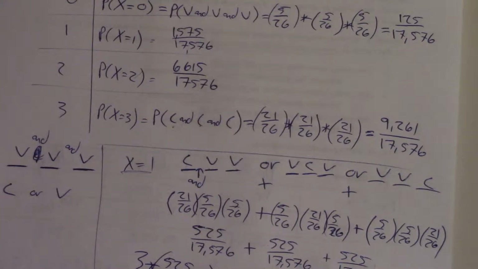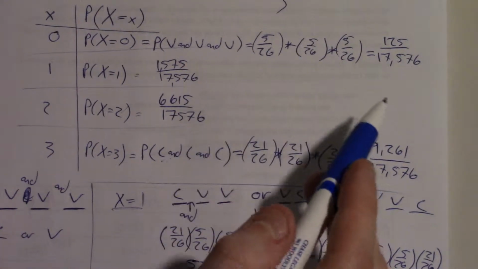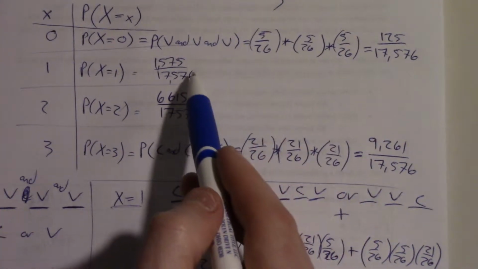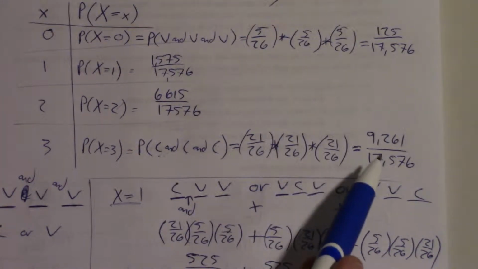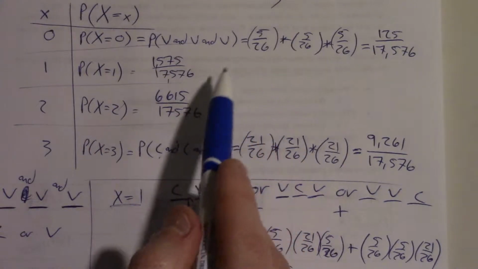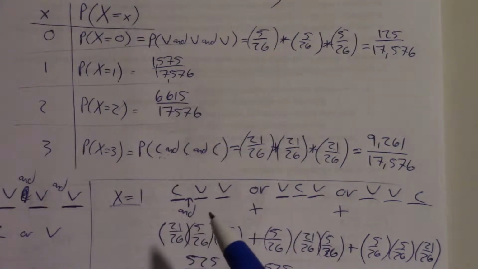There was another way to find the probability that x is 2. If you recall, we had found 0, 1, and 3, and we know that for this to be a valid probability distribution, all of these have to add up to 1. So we can use the complement rule to find the probability that x is 2.